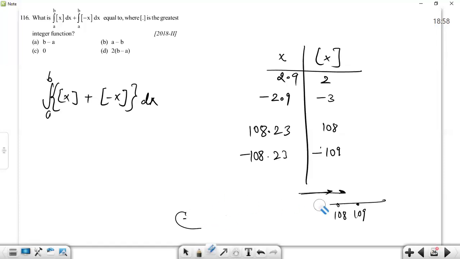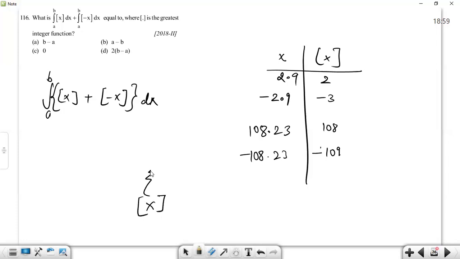So now on observation, for any x, if we take the greatest integer function, considering that x is a positive non-integer, let's take an example.